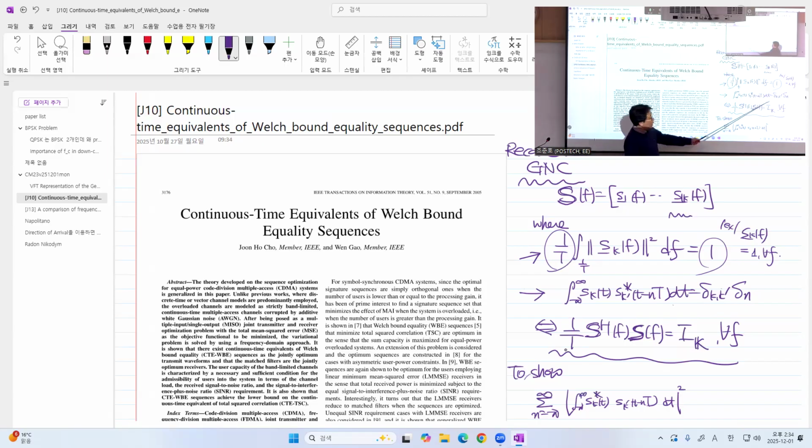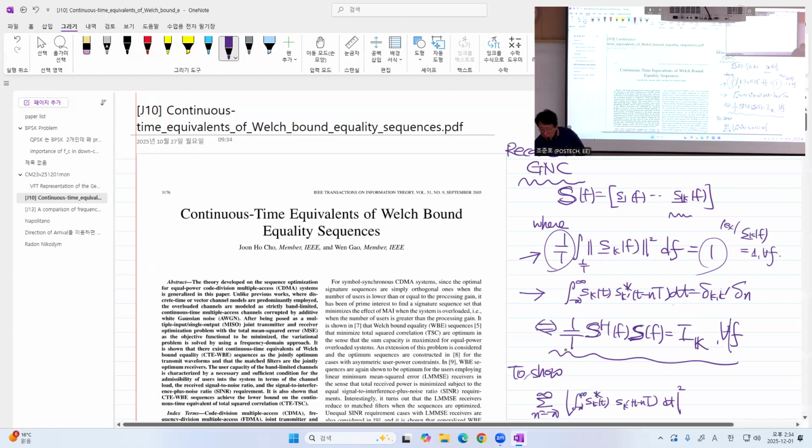But here we have a K by K identity matrix. And this is not just a single equality. We have uncountably infinite equalities.